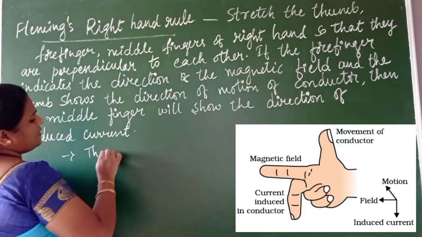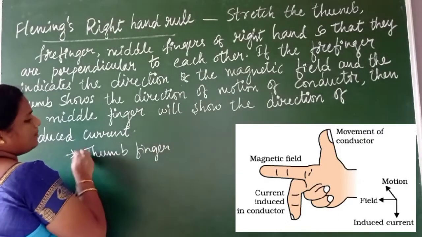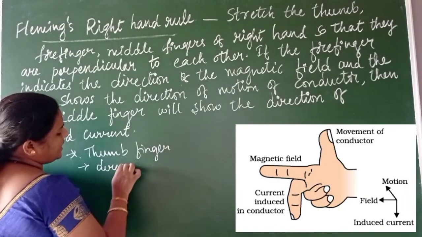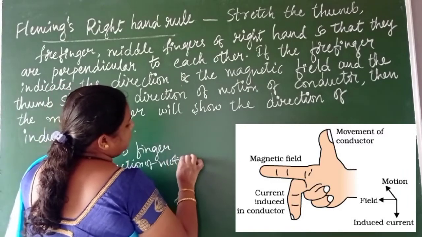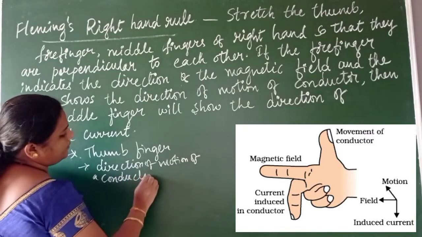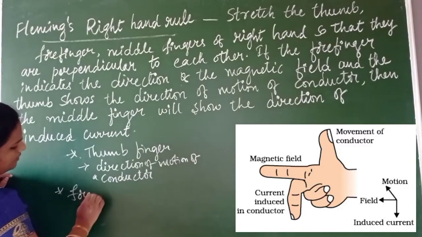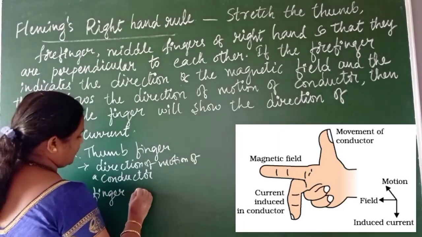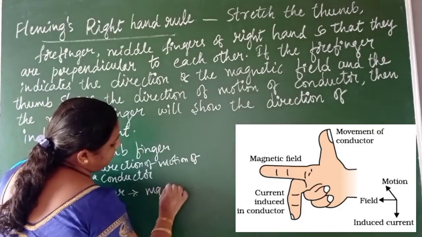That is, the thumb finger gives the direction of motion of a conductor. The forefinger or index finger gives the direction of a magnetic field.